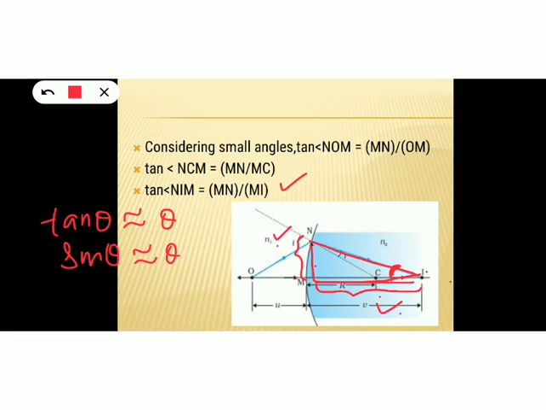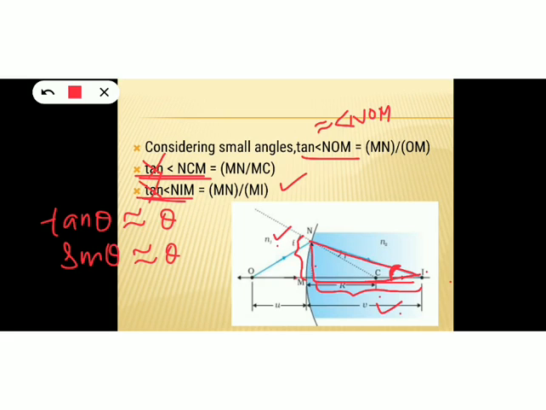Since angle NOM is very small, tan of angle NOM is approximately equal to angle NOM. Similarly, since angle NCM is very small, tan of angle NCM is approximately equal to angle NCM. Similarly, tan of angle NIM is approximately equal to angle NIM.